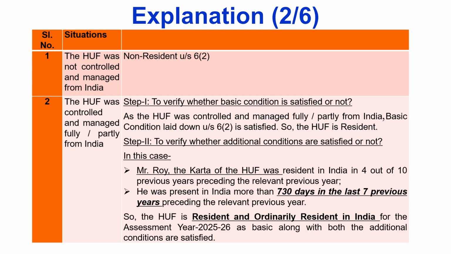In this case, Mr. Roy, the Karta of the HUF, was resident in India in 4 out of 10 previous years preceding the relevant previous year, and he was present in India more than 730 days in the last 7 previous years preceding the relevant previous year.